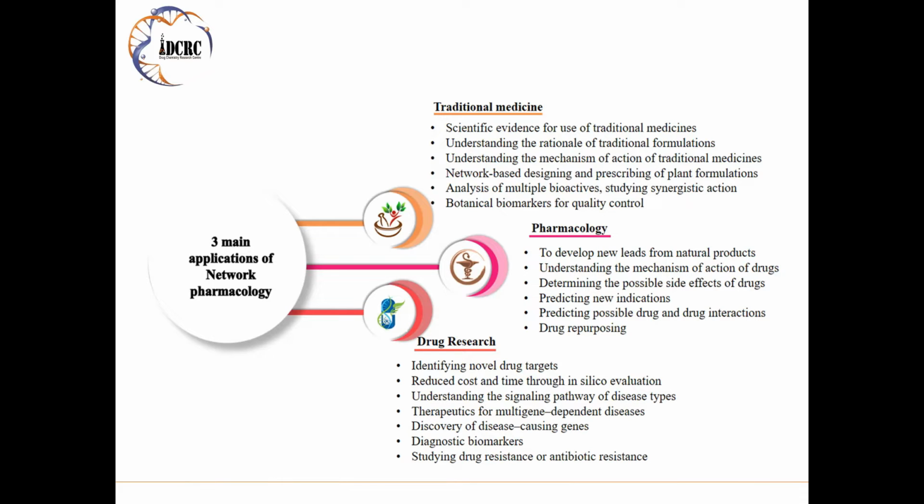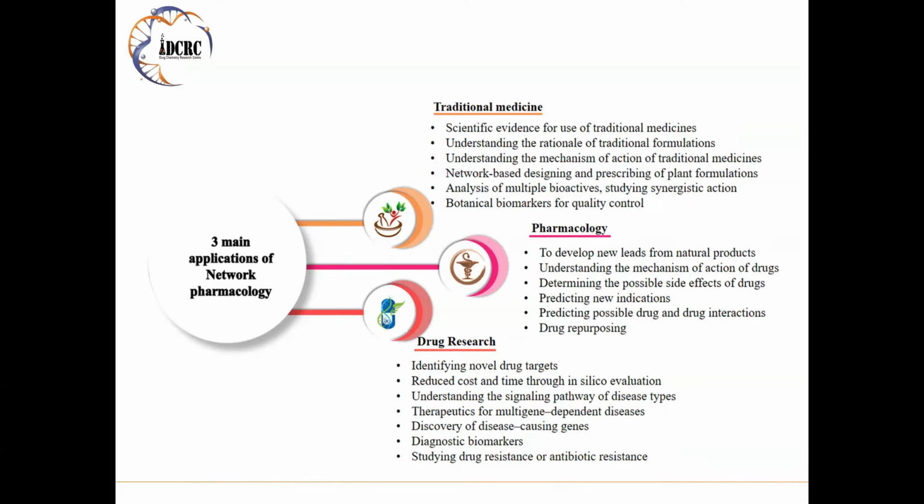Okay, then the third field is drug research. It helps to identify novel drug targets. Suppose we have taken two compounds and we are studying their biological networks. We know that it acts on this target, and it acts on this target by a particular route.